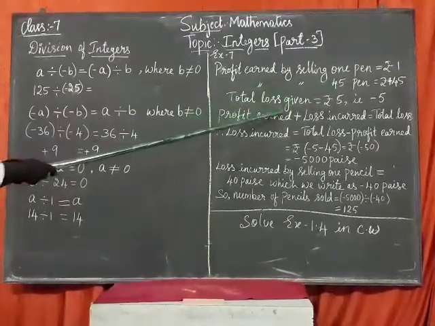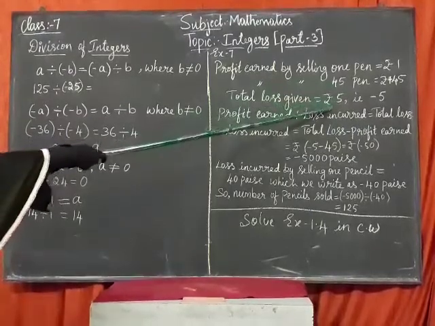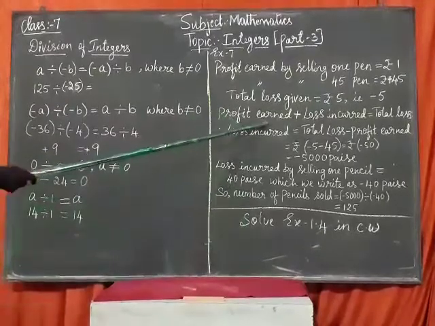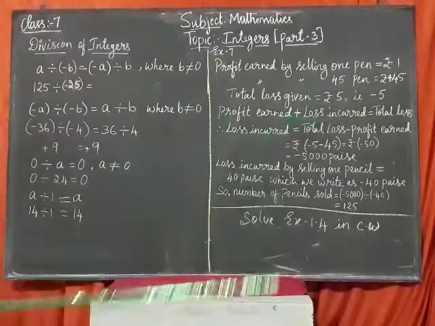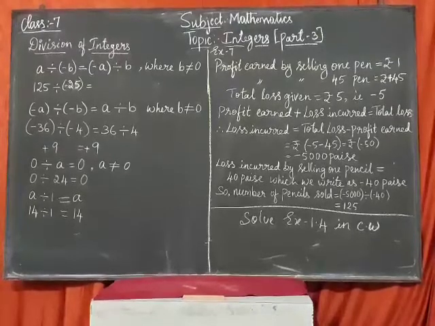Total loss given is rupees 5, loss is minus, that is minus 5. Now what is it here? Profit earned plus loss incurred is equal to total loss.